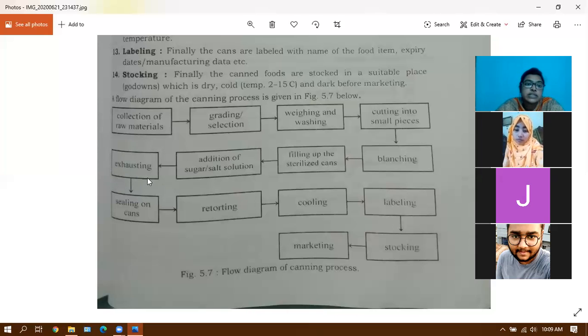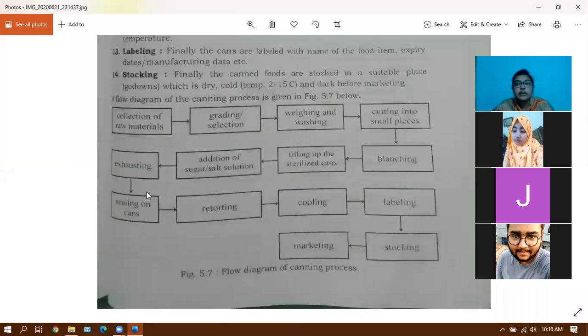Next process is exhausting. Before sealing the can, the food items are again heated by a special process. This process is known as exhausting. In this process, the air in the can is removed because the can will be airtight. That's why air removing is so necessary from the can.